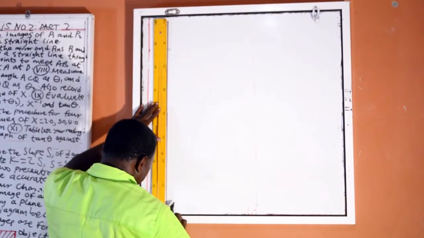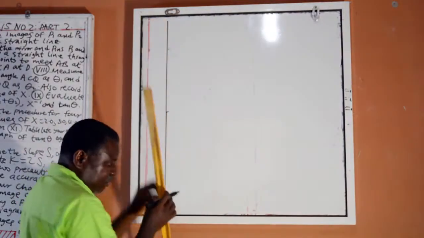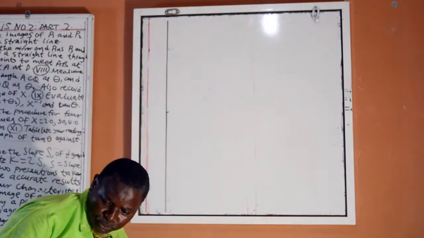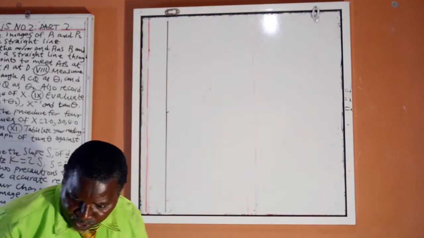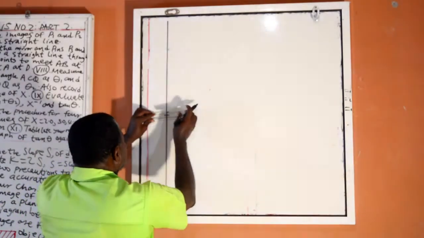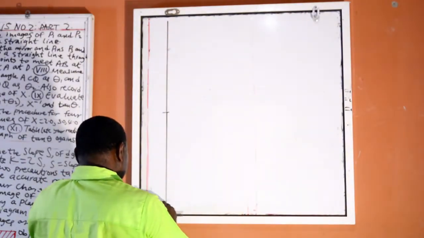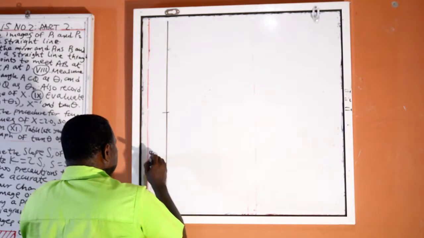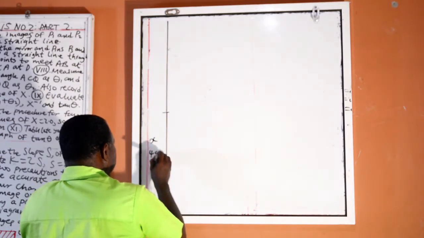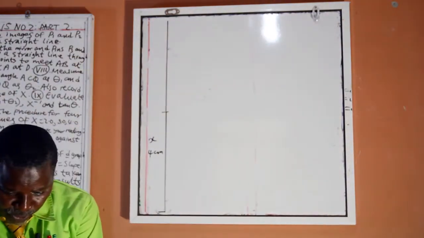I'm using 4 here because the length is not up to 10. So from here to here is 4 centimeters. X is 4 centimeters. So we are going to place the mirror here.